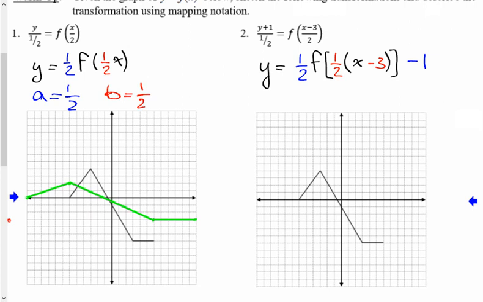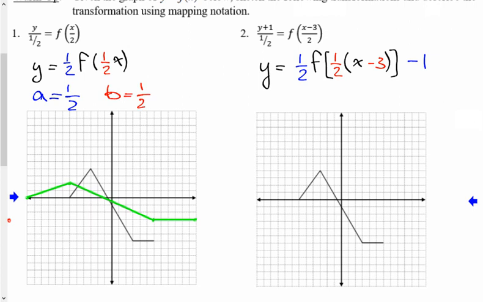So I started by multiplying the half on both sides, so that's how I got the half in front of my f of x. And then I subtracted the 1 over to the other side. So then I can see that vertically it's going to be stretched by a factor of a half. That's my A value. And it's going to be translated down 1 unit. Any questions with the vertical stuff?